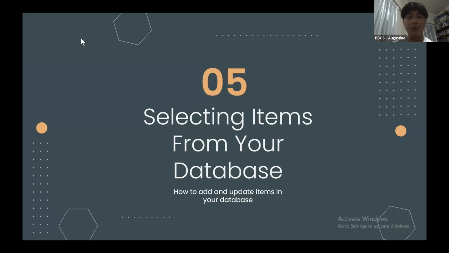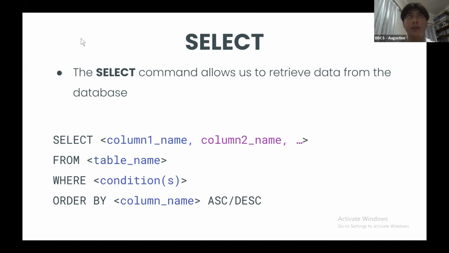All right. So now that we've inserted items into our table, let's try to select items from our table. Basically, what select means is that it will retrieve data from the database itself. So it acts like a print statement in Python.